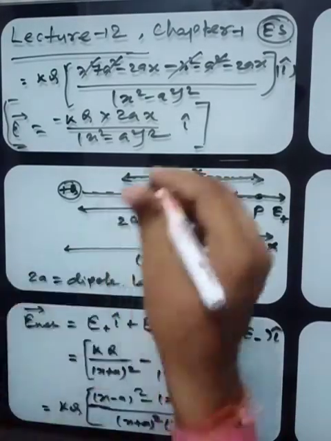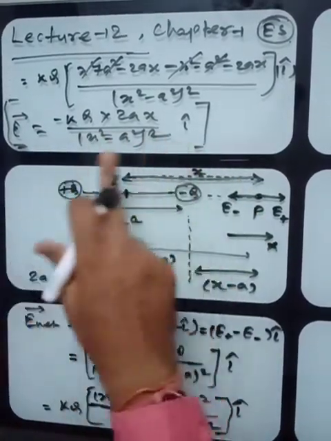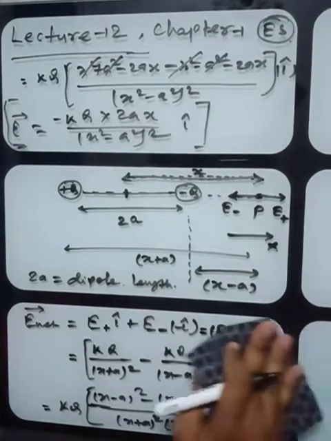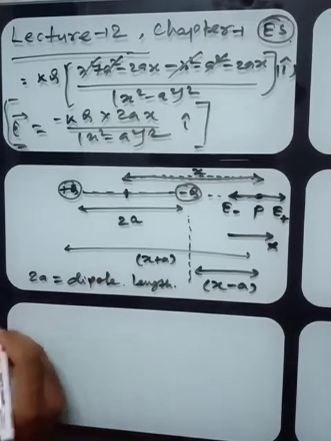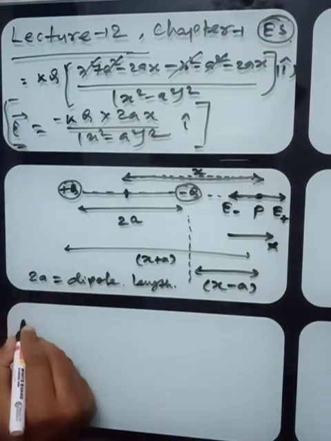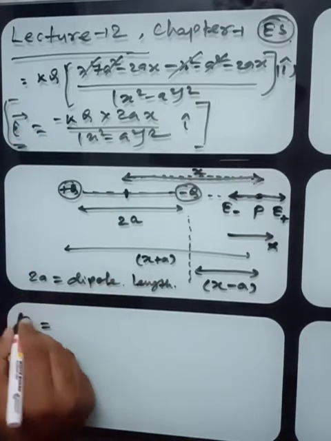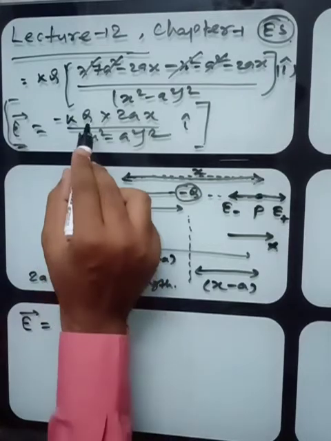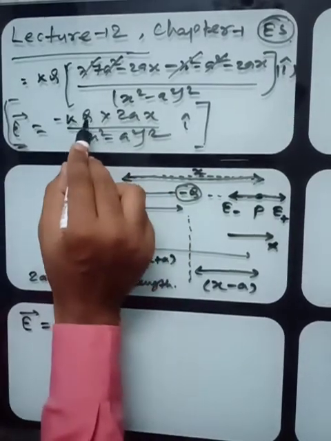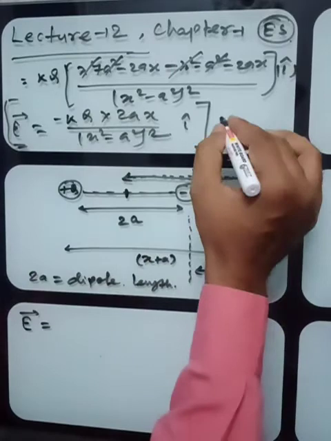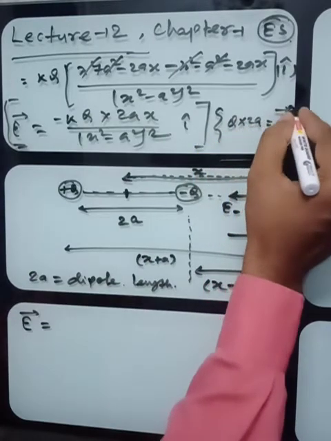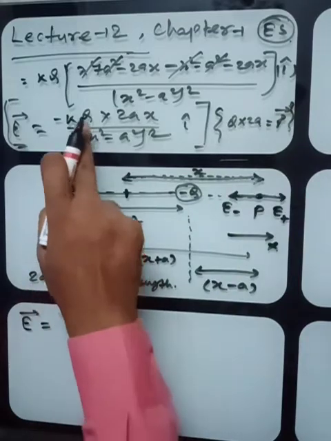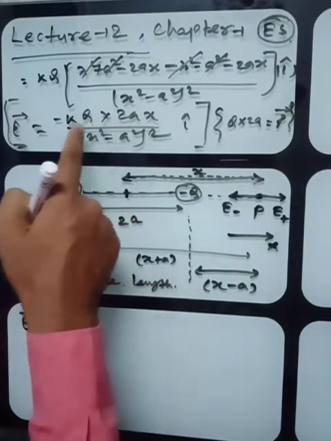We can write this equation in terms of dipole moment. E is equal to q times 2a. Try to recall, q times 2a is the dipole moment. So q times 2a will give you the dipole moment p.